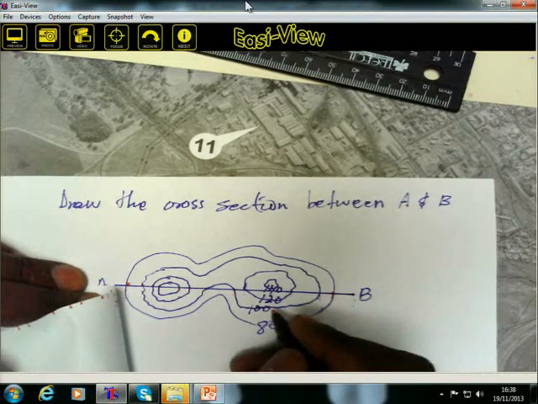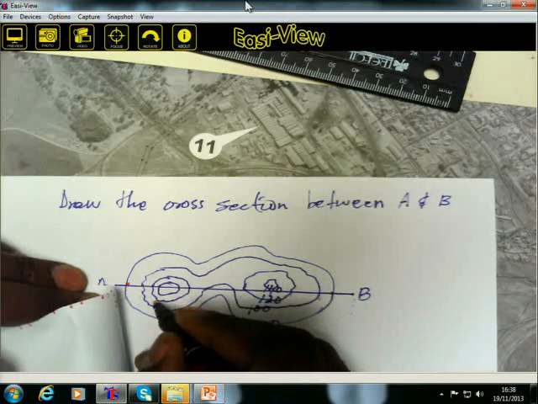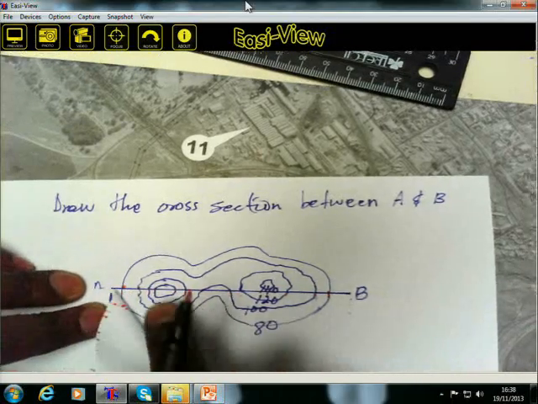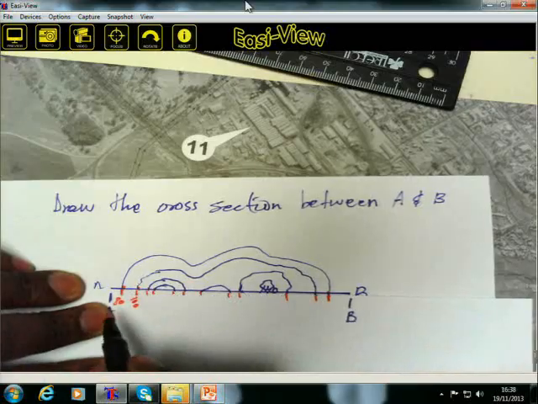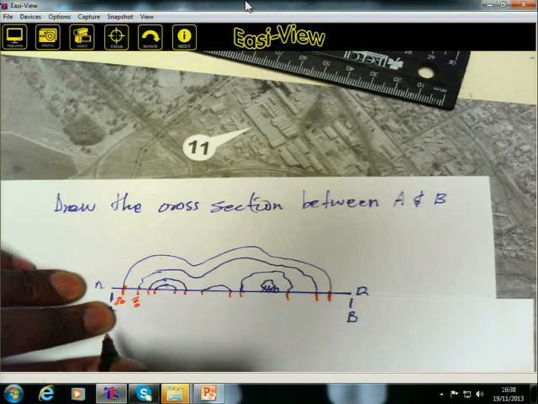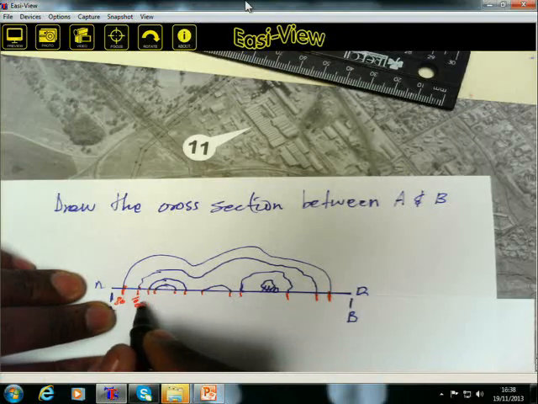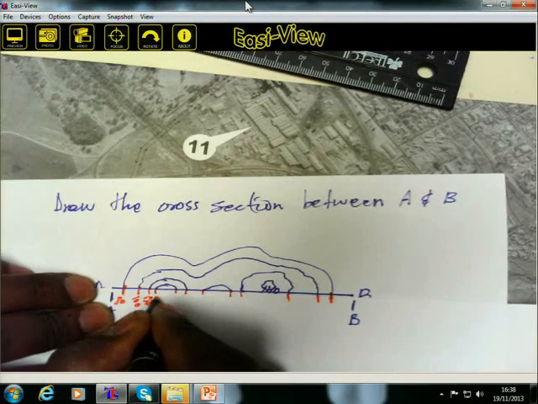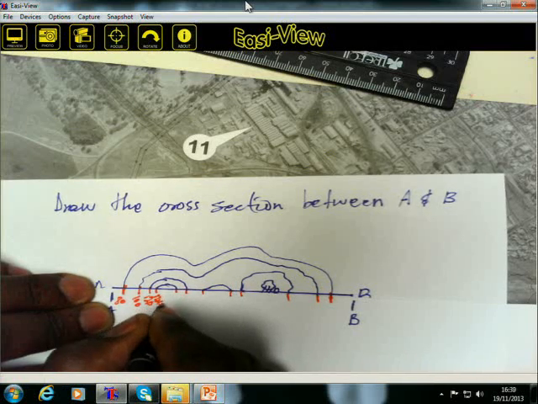Then after 100, it will be followed by a line that's not written. You don't see it here, but when you look here, you've got a contour interval of how much? Of 20. So it will be 80, 100, then 120, then 140.